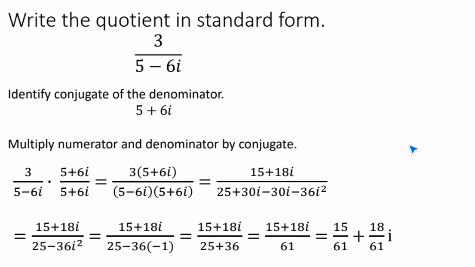We converted 3 over 5 minus 6i into its standard form of 15 over 61, the real part, plus 18 over 61i, which is my imaginary part. And in order for me to do this division, or to write it in standard form, I need to multiply the denominator by its conjugate.